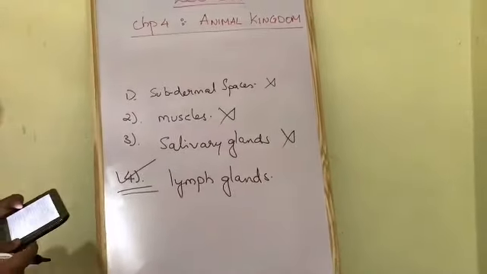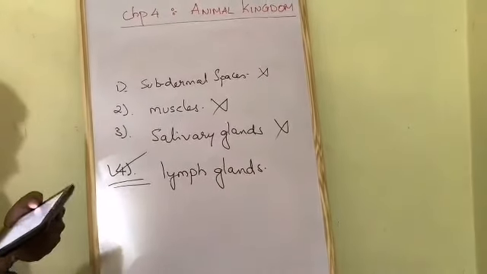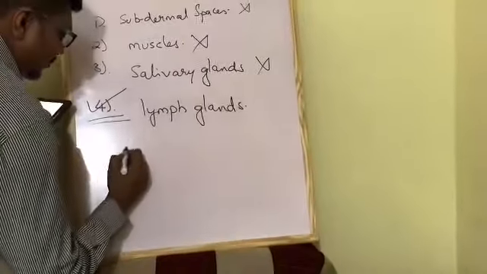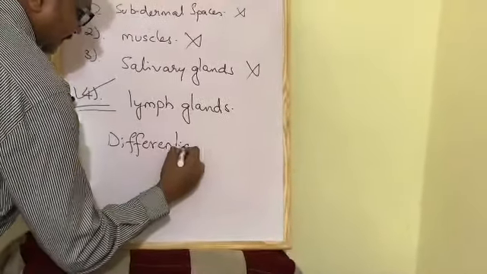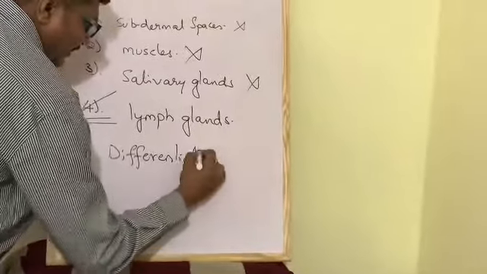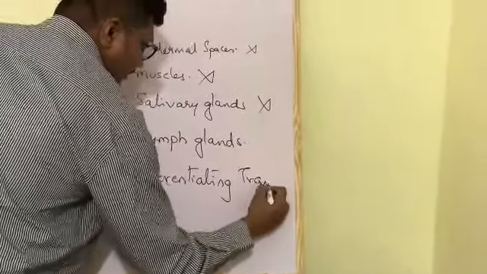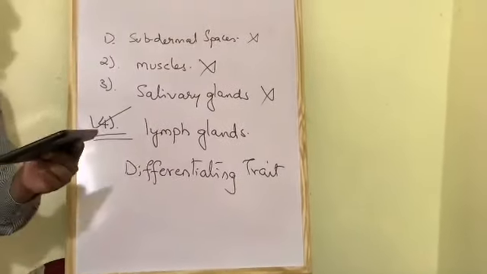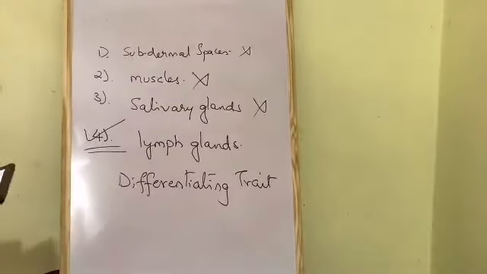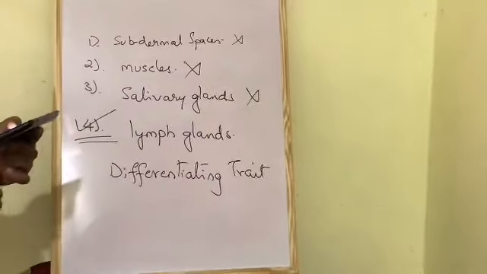Moving on, question number 10, differentiating trait of Ascaris. So the question is asking differentiating trait. That means how can we demarcate between male and female in Ascaris? We'll start with the fourth option this time.